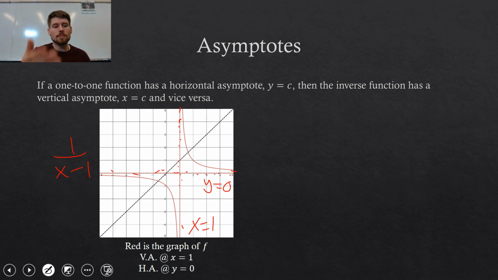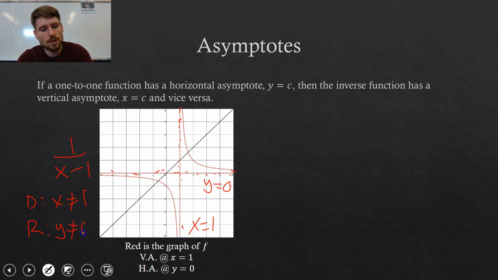So from this graph, we can read the domain and range, right? The domain is going to be everything except for 1. So I'll just succinctly say x cannot be 1. And the range, we can see from the graph, is everything except for 0. So we'll just say succinctly y cannot be 0.